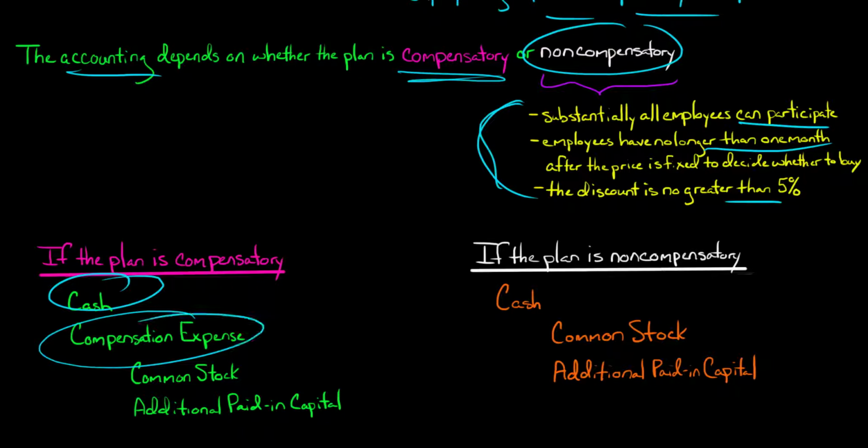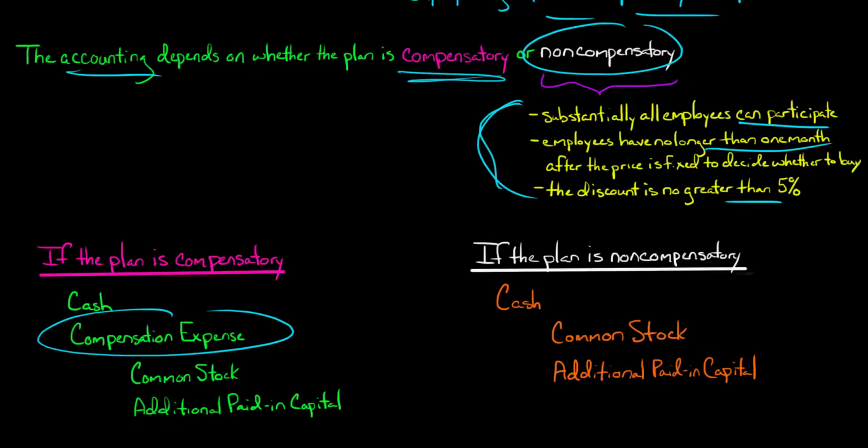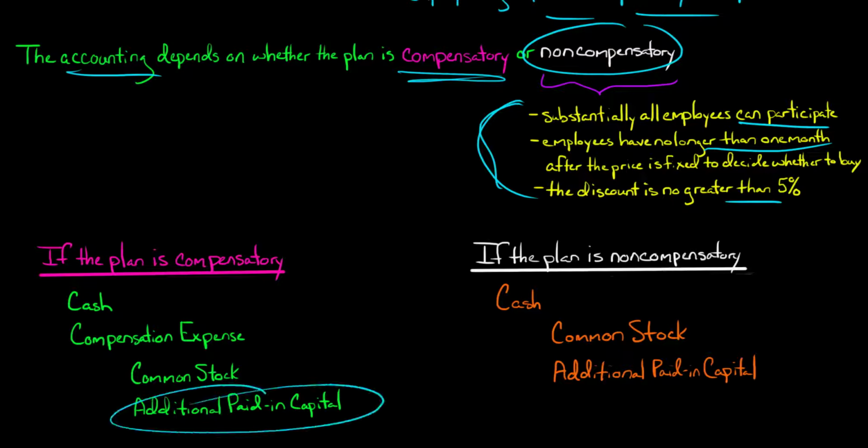It would debit compensation expense for the difference between the market value of the shares and the cash received from the employee. So this is basically the amount of the discount. And then assuming that the shares had a par value, the company would credit additional paid-in capital and then credit common stock for the par value.